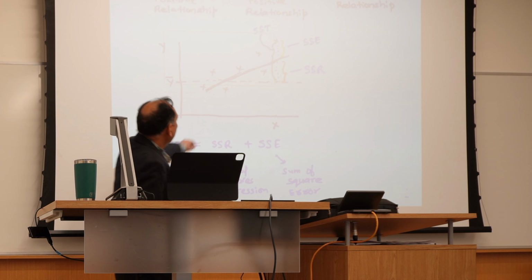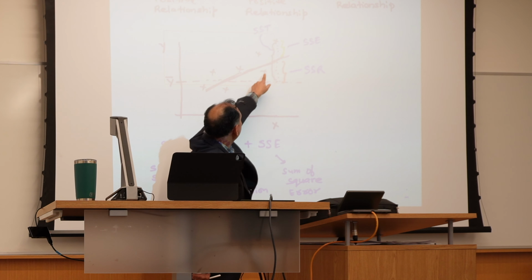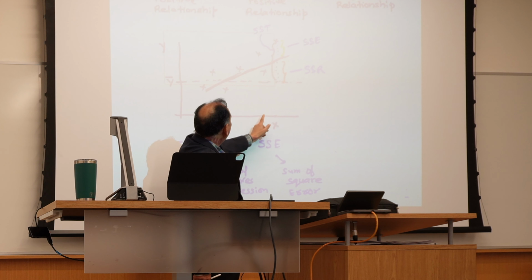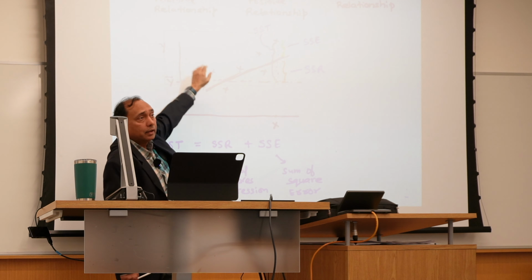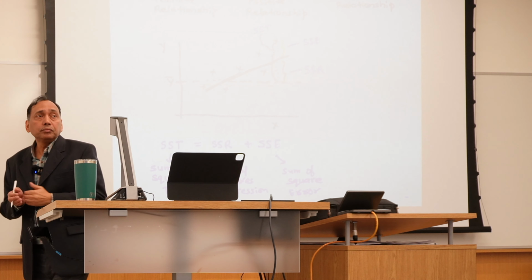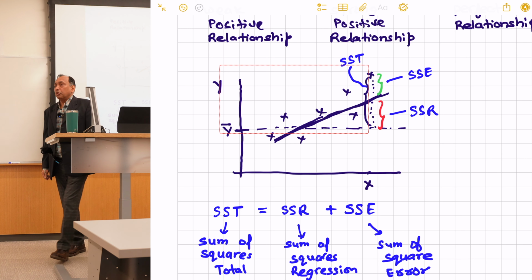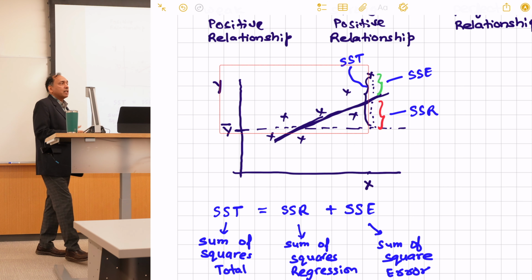Like somebody may say, for a given value of x, we have this data point where y is a value, and at almost the same x, there's another data point, but the y value is very high. So why that variability? So that goes into error.